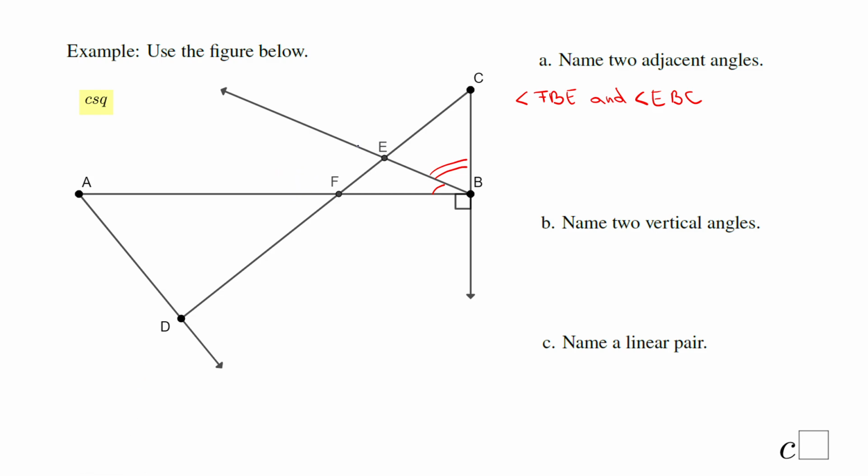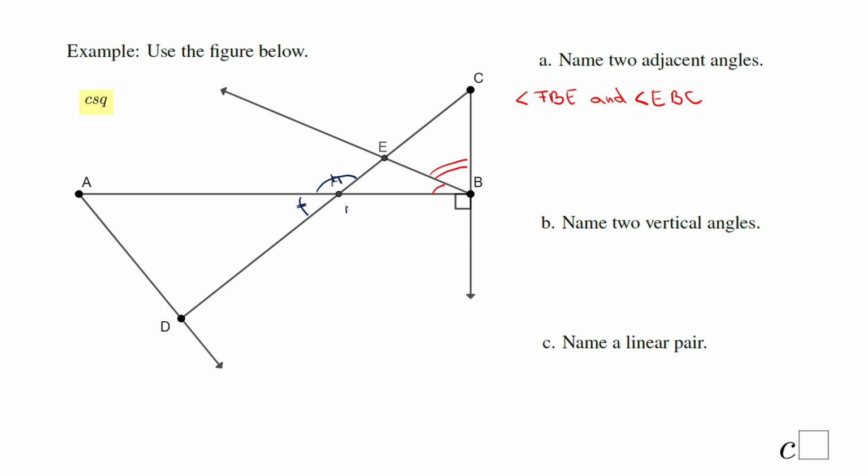I'm going to say this angle here and this angle here. Those two angles are adjacent. Since I cannot name one of the angles, let's say this angle and this angle.